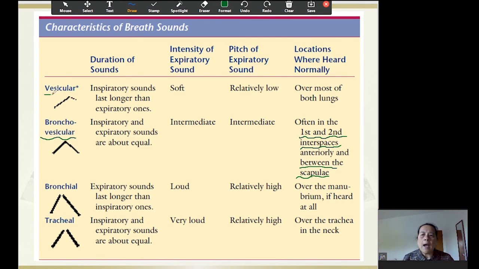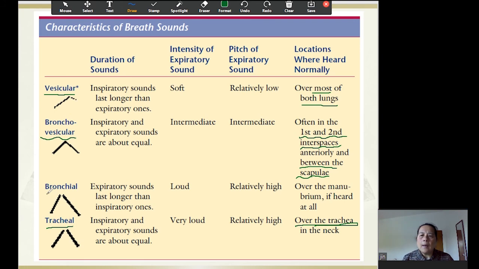And the vascular sound is in most parts of the lung. Then we say trachea, just over the trachea area, means over the sternal bone area, and maybe a little bit above the sternal bone. We're talking about the sternal notch area.